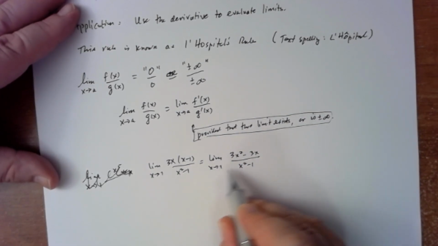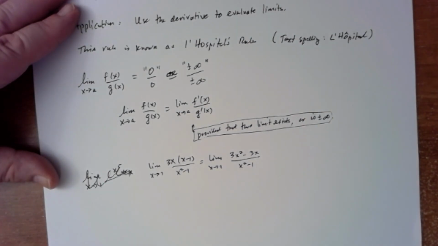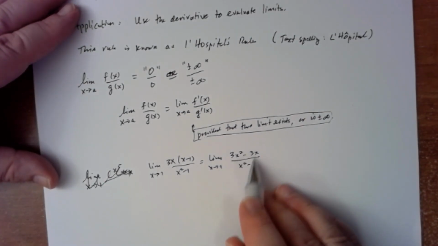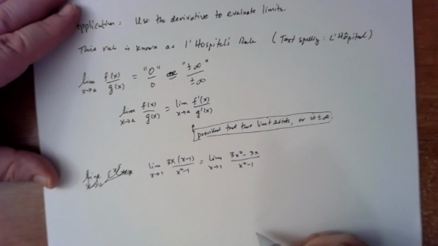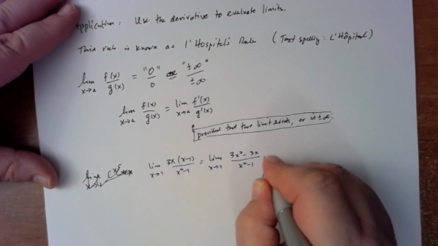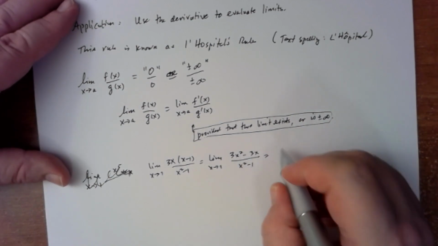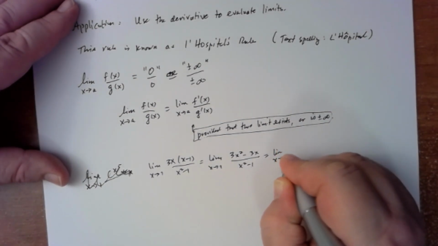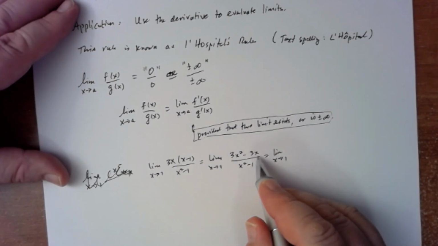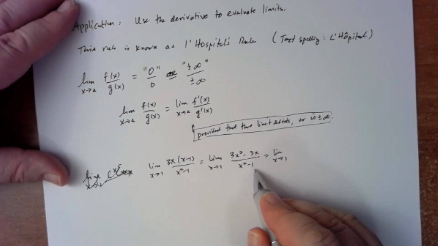So notice if you plug in 1, you get 0 divided by 0. Normally you would factor both numerator and denominator and cancel the x minus 1s, but we don't need to do that. We can use L'Hopital's rule. L'Hopital's rule says that this limit will be the limit as x approaches 1 of the derivative of the top divided by the derivative of the bottom.